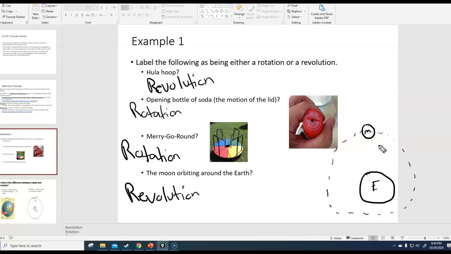Think about where the center of the circle is. The center of the circle is inside the Earth, over here. That is not inside the moon. If the center of the circle is outside the object itself, it's a revolution. So here we would say the moon is revolving around the Earth. Make sure you understand the difference between rotation and revolution.